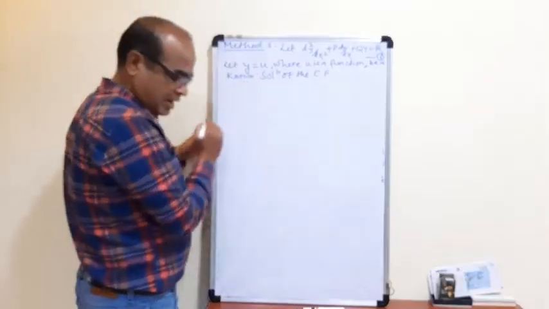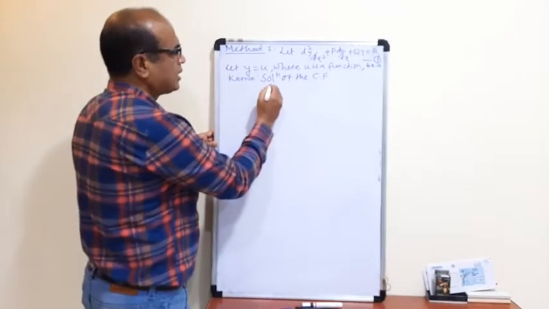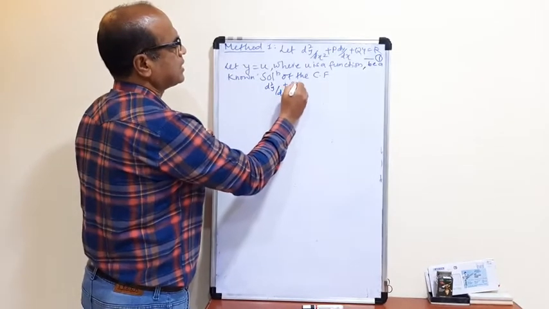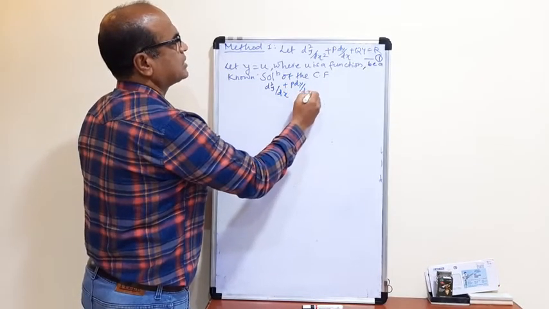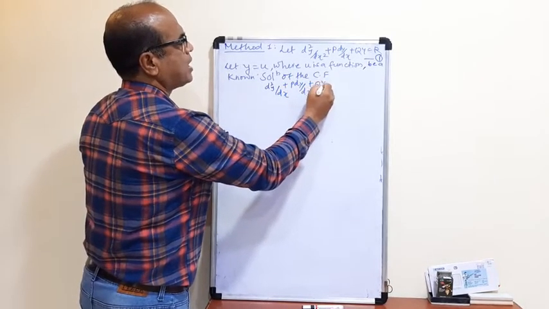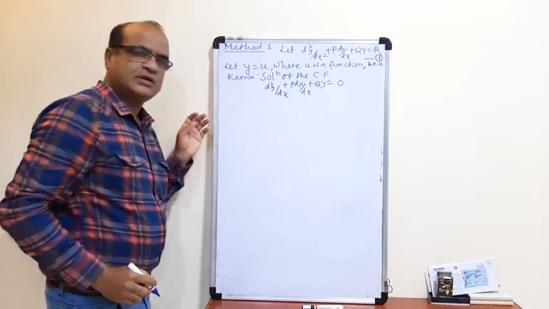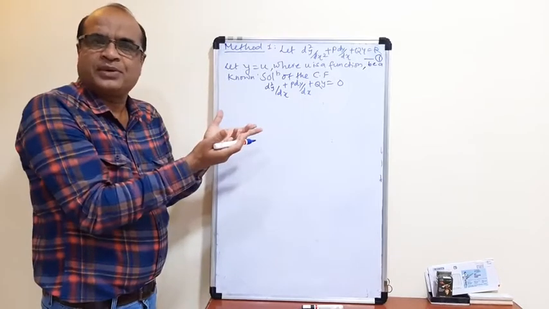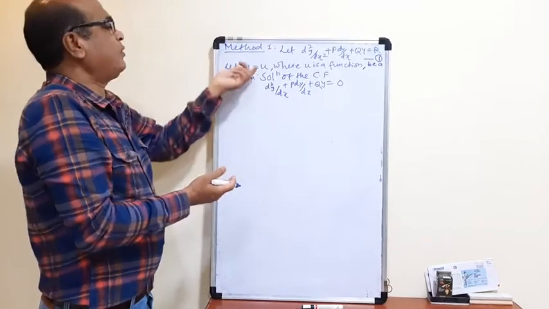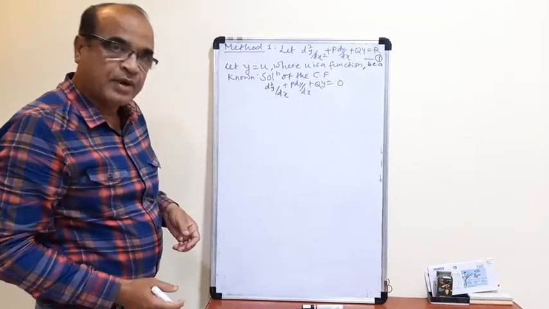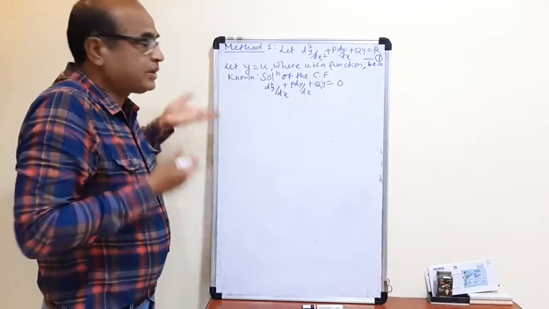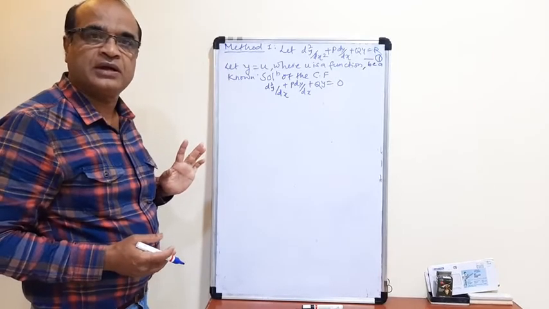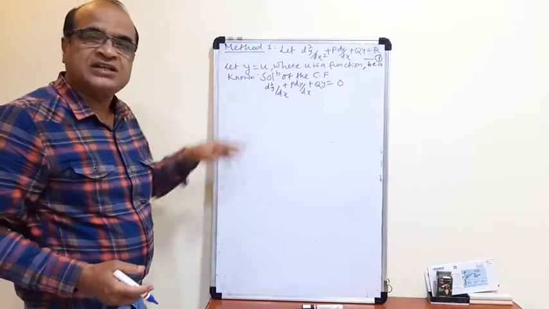Let d2y by dx square plus p dy by dx plus qy is equal to 0. We take 0 on the right hand side and then obtain the complementary function, then obtain y is equal to u. If this is the solution of this differential equation, then that solution satisfies the equation.